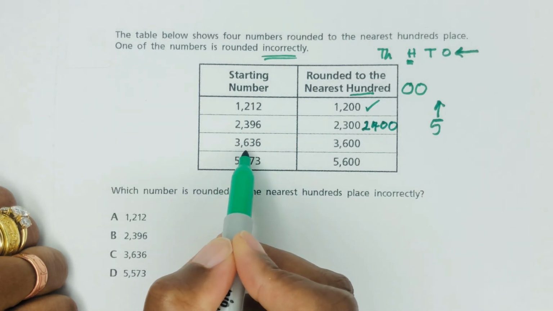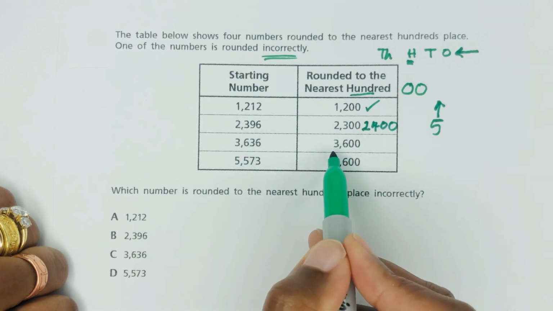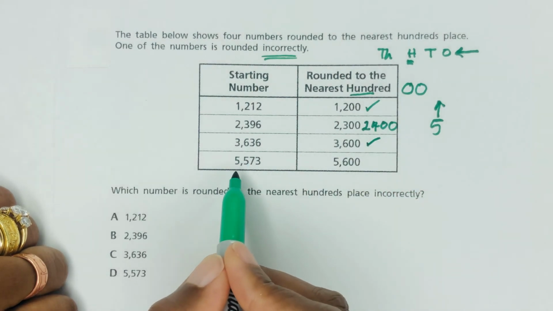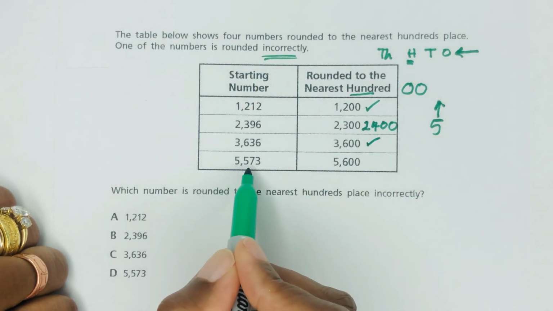3,636. The hundreds place is the 6. Then we're looking at the tens place to see if it's 5 or above. Is it? No, because it's a 3. So then the 6 stays the same. It doesn't go down, it stays the same. So that would give us 3,600. So that's fine. And just to make sure, let's look at the last one, 5,573.